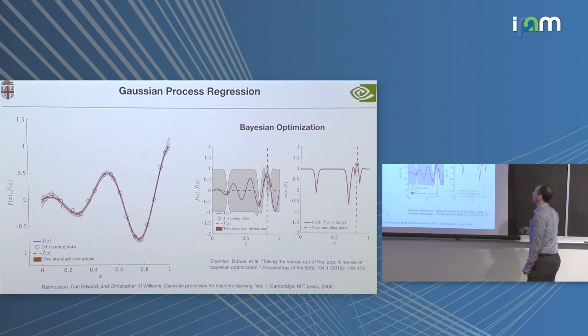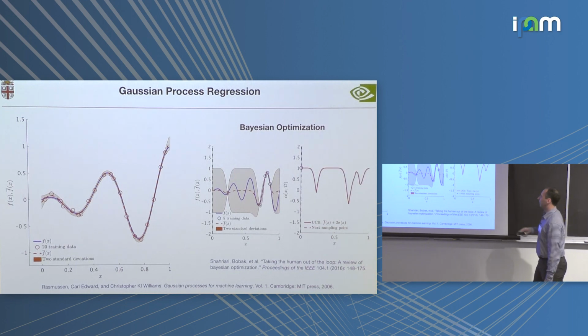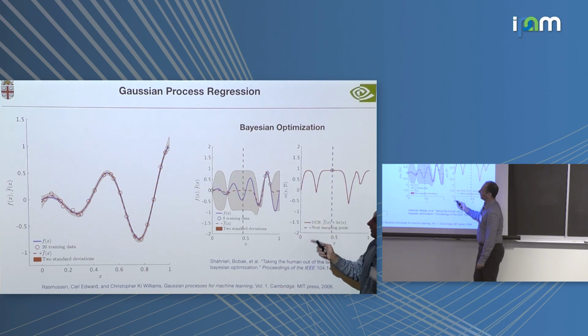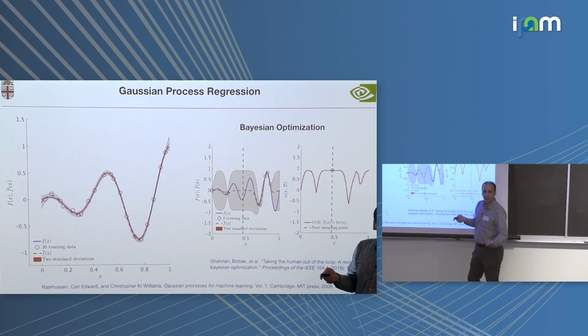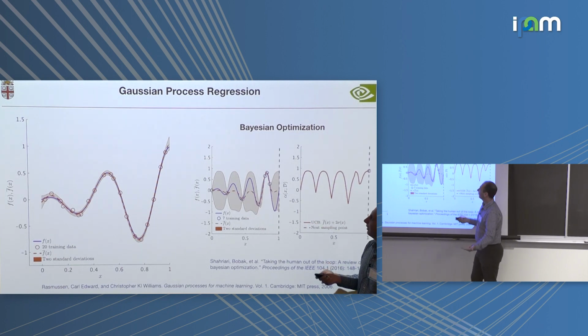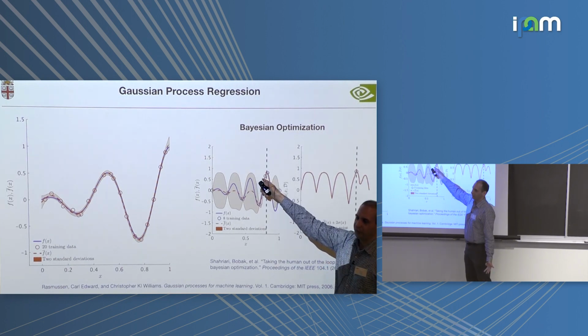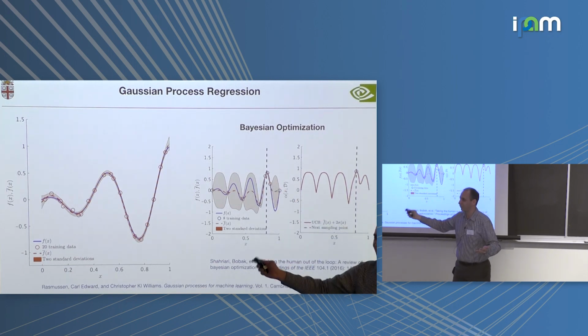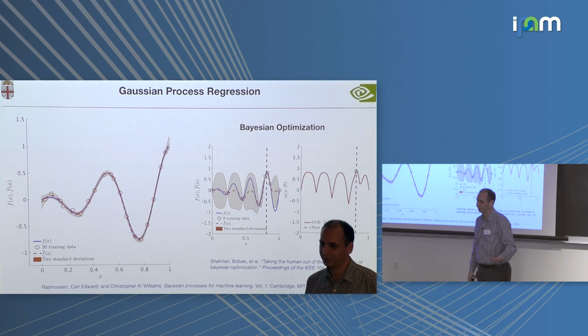We keep doing that. In the next round, the algorithm is thinking maybe the maximum is somewhere else. Maybe the maximum is here, because there is huge uncertainty in the prediction. That step is called exploration. So we explore again, exploit. So we are balancing the trade-off between exploration and exploitation.